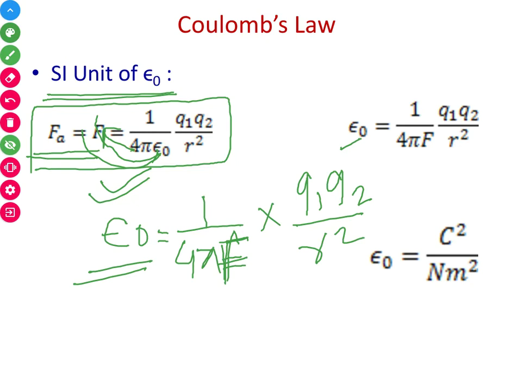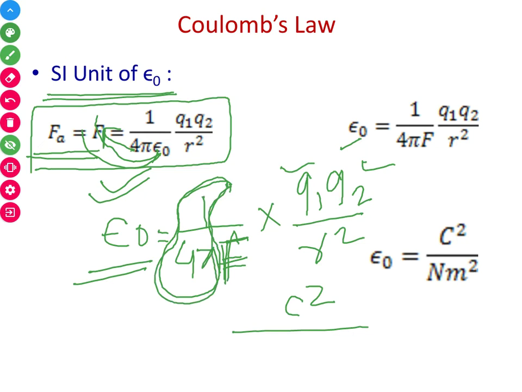Actually, it is not the dimensional formula, it is the SI unit. The unit of Q1 Q2 is C into C, that becomes C square. 1 upon 4 pi is basically a constant, so it has nothing to do with the SI unit.